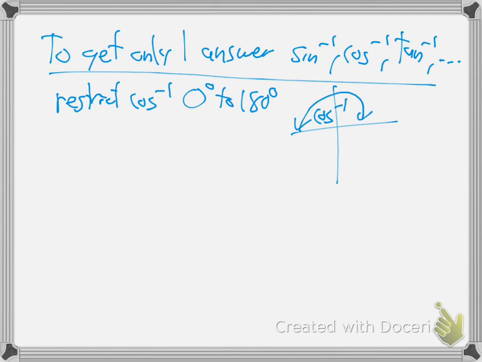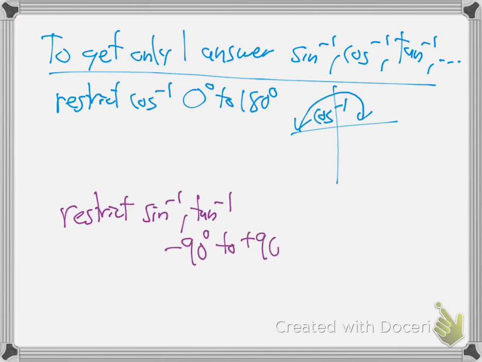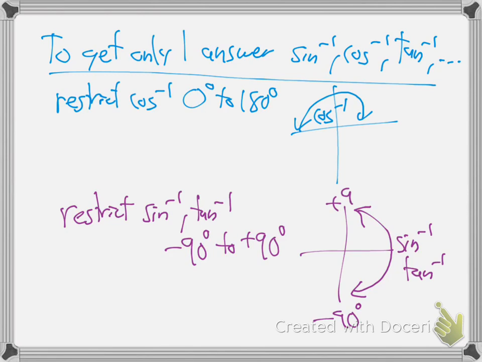And then they restrict sine inverse and tangent inverse to be negative 90 to positive 90. Remember that one I did last time, where I messed it up at first because I wasn't following the restrictions. They restrict sine inverse and tan inverse to be negative 90 to positive 90, the right two quadrants, the first and fourth.